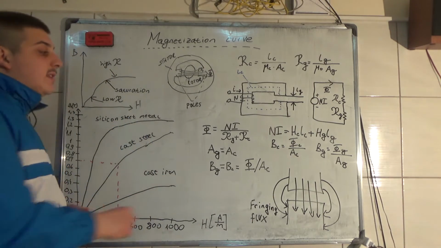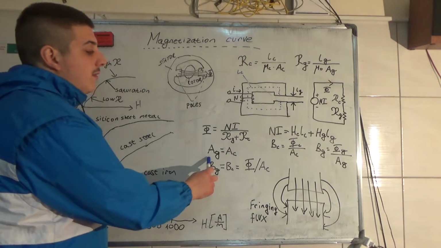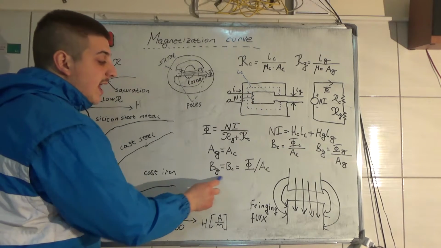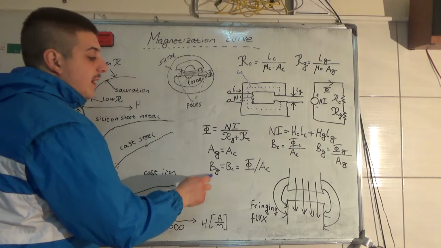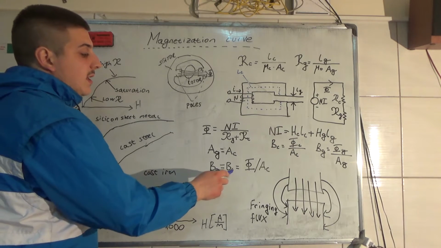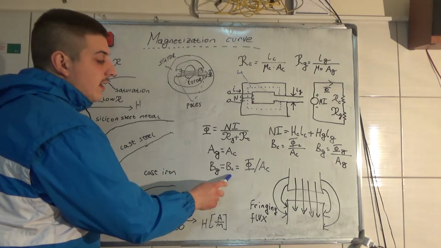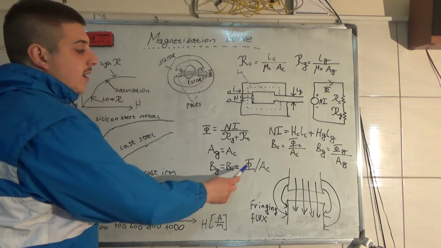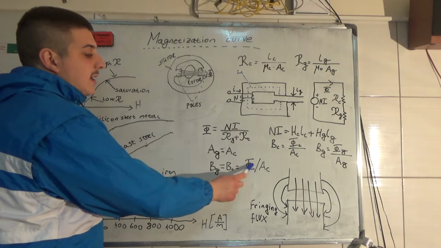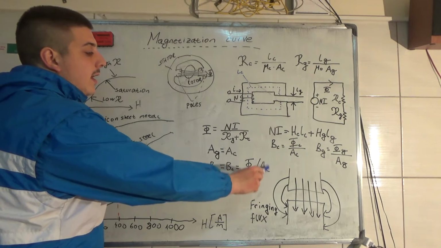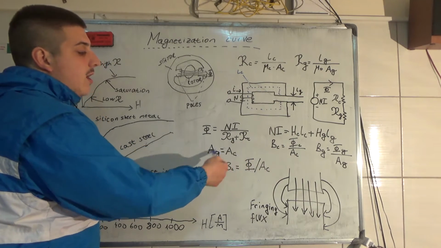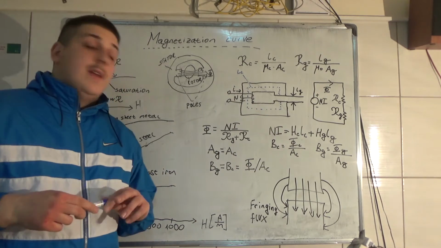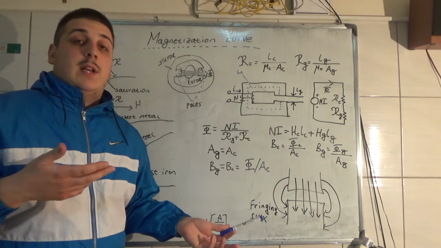So if you have the same area of the air gap and the same area of the core, then you will have the same magnetic flux densities in the air gap and in the core of the magnetic circuit, equal to the flux divided by the area of the core or gap. So in the next video you're going to see an example.